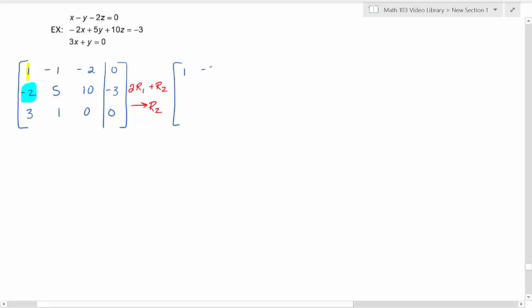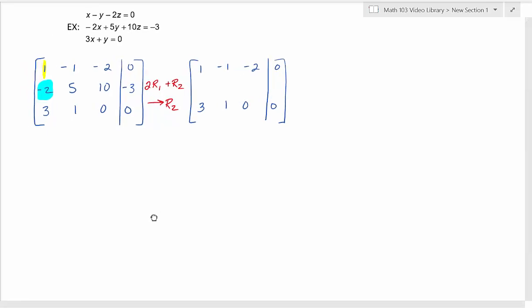I always like to rewrite the rows that I'm not changing first. And now we'll do our side work to get our new row 2.